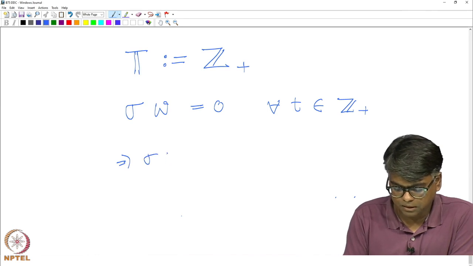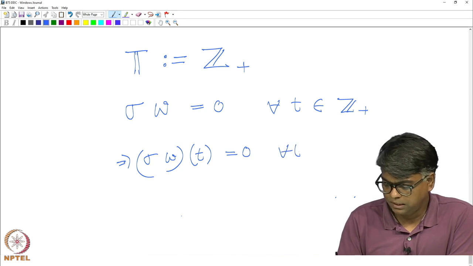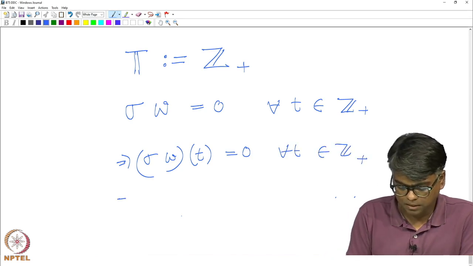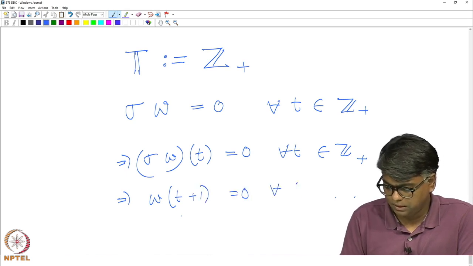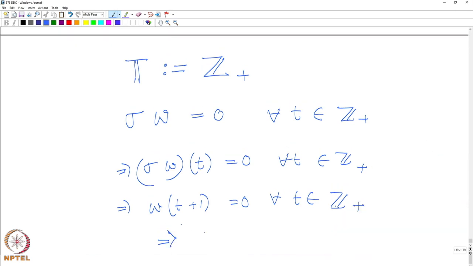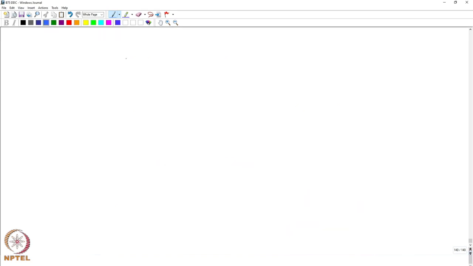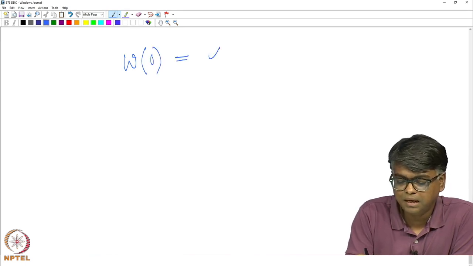This means sigma w evaluated at t must be equal to 0 for all t in Z plus, but sigma w at t is w at t plus 1, which is equal to 0 for all t in Z plus, which then implies that w at 1 is equal to 0, w at 2 is equal to 0, and it continues like that. But it does not say anything about w at 0. w at 0 can still be any number.